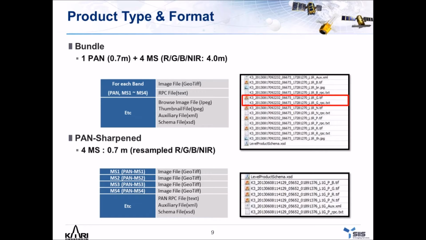We provide the image as a bundle or pan-sharpened type. For the bundle product, we provide 1 panchromatic band and 4 multispectral bands. And for the pan-sharpened product, we deliver 4 multispectral bands in 0.7 meter resolution.